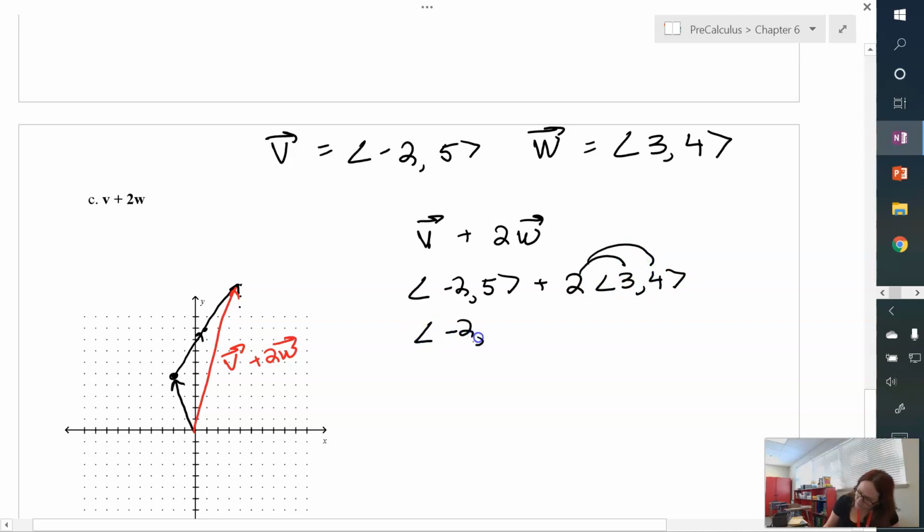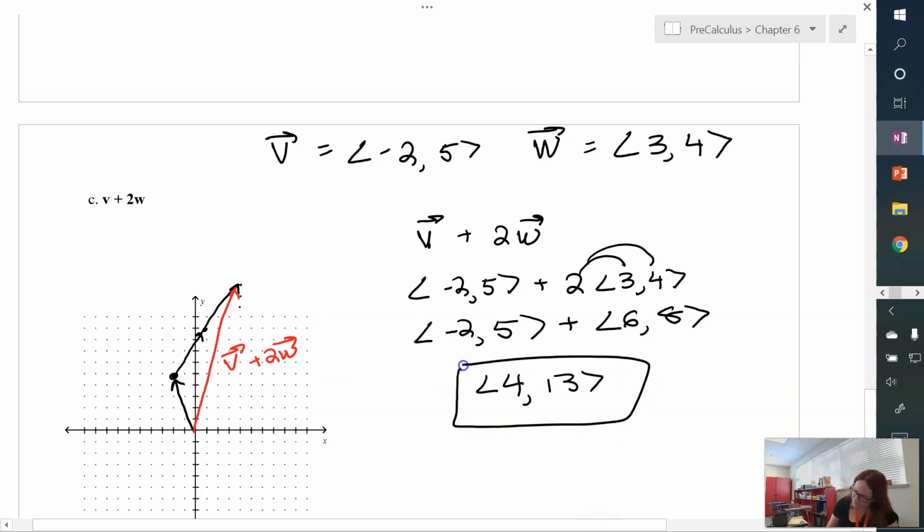So I get negative 2, 5 plus 6, 8. And then negative 2 plus 6 is 4. And then 5 plus 8 is 13. So here's our answer in component form. And that's not a 7, that's a 13.